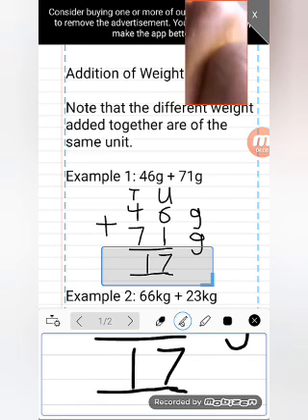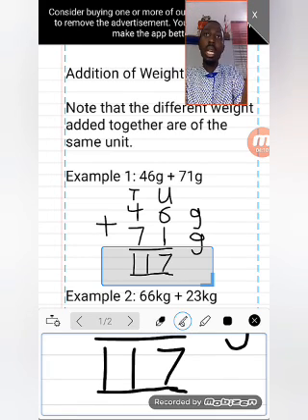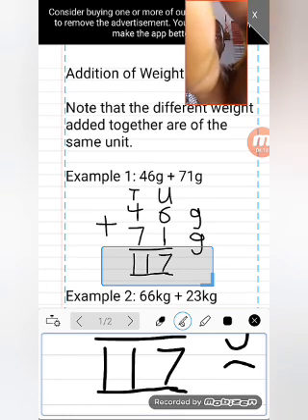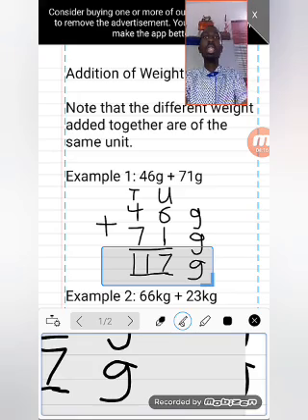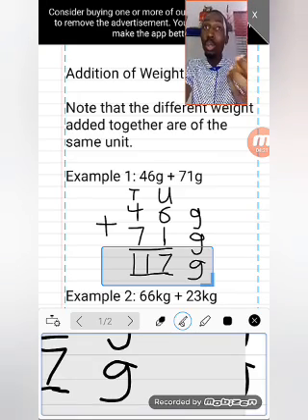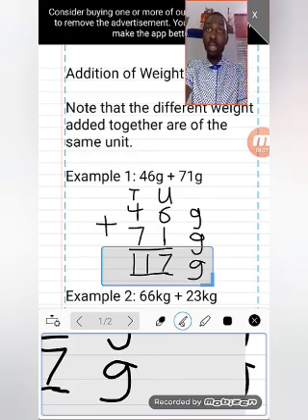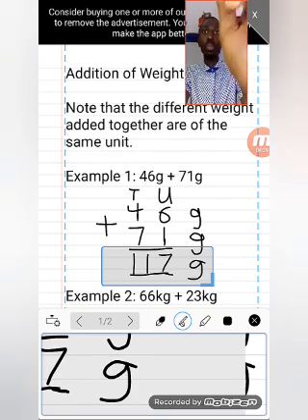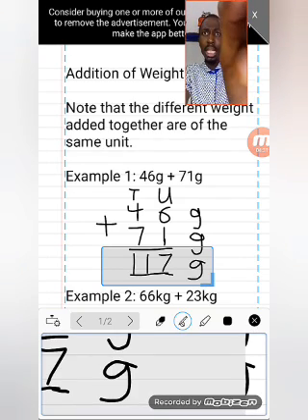When you write 1, you write another 1 here, and that is 117 grams. You can see it's that easy. It's the same way you do your normal addition when you learned how to add numbers in either tens or units. So let's do the next example.